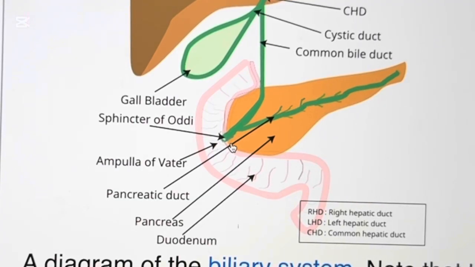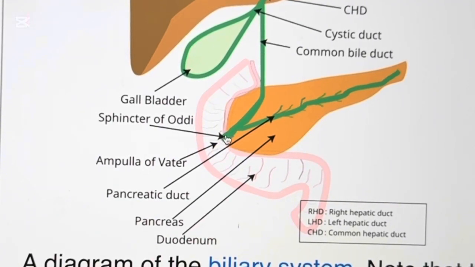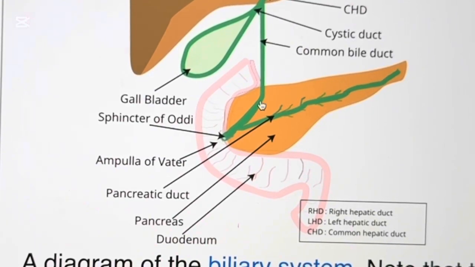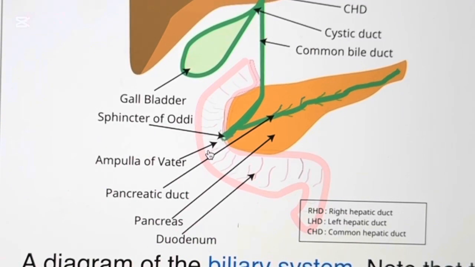The sphincter of Oddi is a muscular valve that controls the flow of bile from the common bile duct and pancreatic juice from the pancreatic duct into the duodenum. Not only that, it also prevents the contents of the duodenum from flowing back into the liver or pancreas.